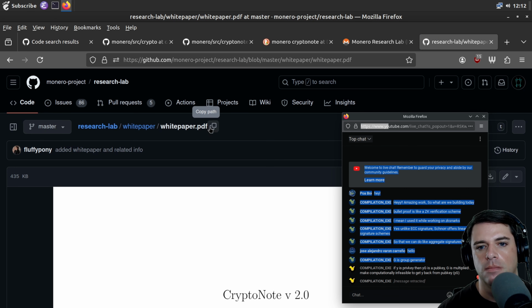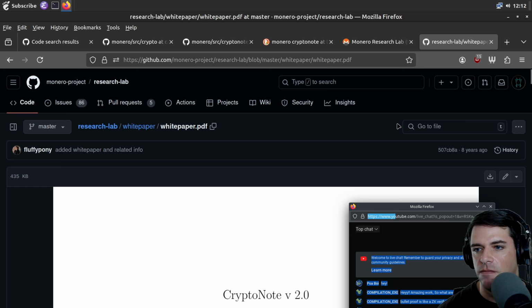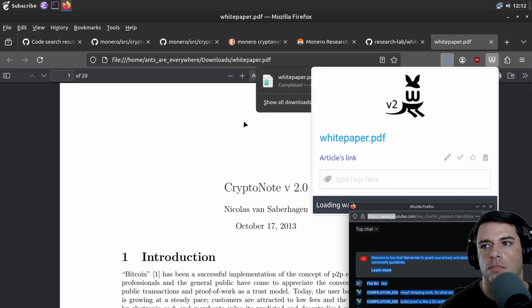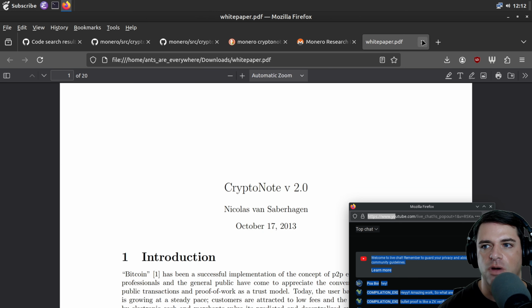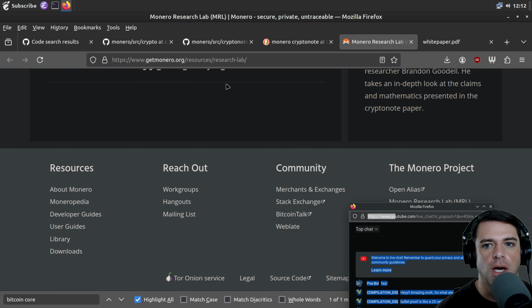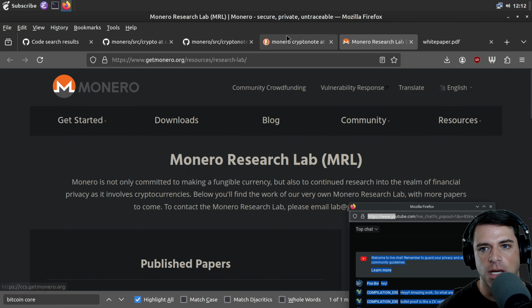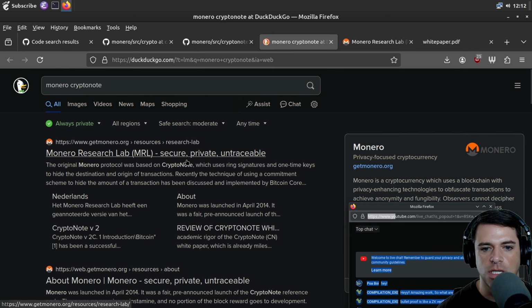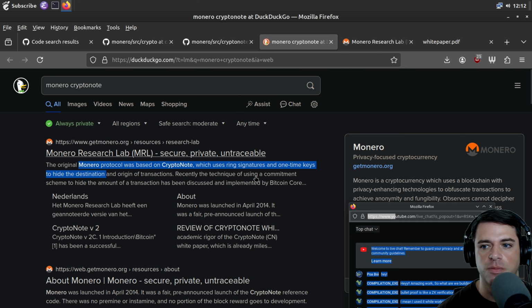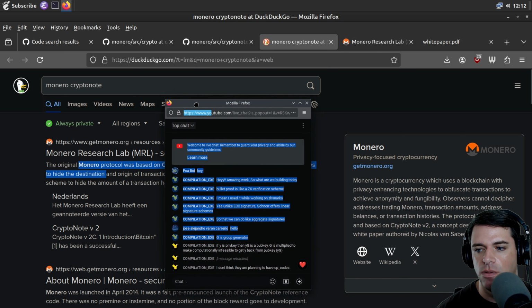How do I get the raw PDF? See if Wallabag will load that. Okay, so it seems to do something else. I'm not sure if they still use CryptoNote. It sounds like the original was based on CryptoNote, but maybe we've moved away from CryptoNote.